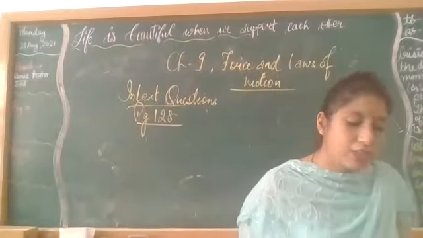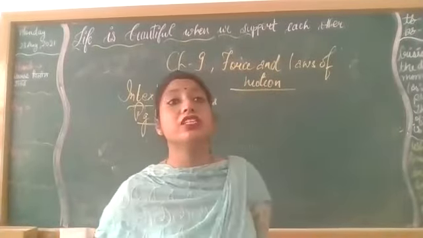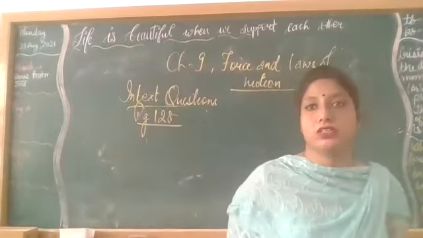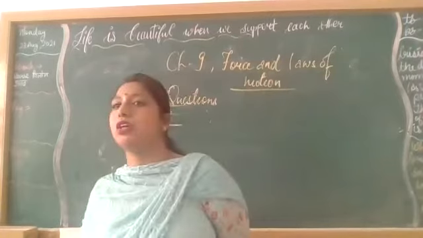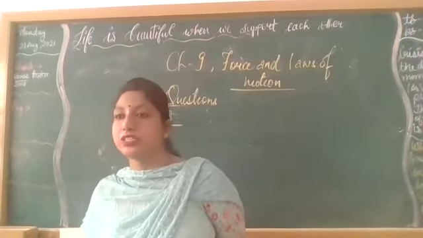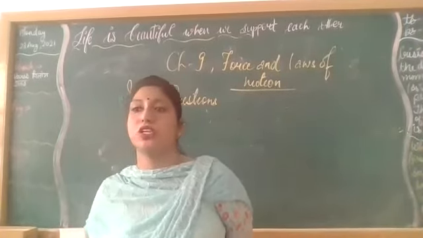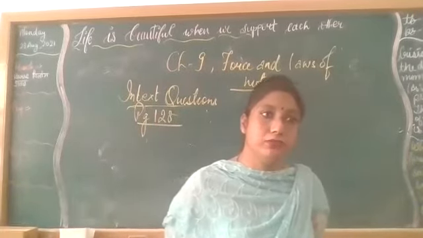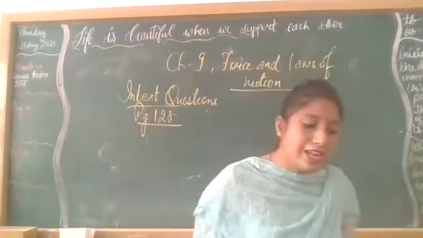Very good. That force is known as the force of friction. Please tick this C part. No need to write down the MCQ in the notebook. Just tick it and mention the option name.